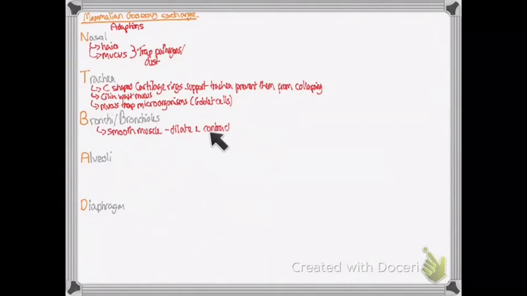So if you're doing exercise, your bronchi and bronchioles can dilate, allowing more air in, and if they're in an area of pollution where you don't want to be breathing in any pollutants, they can contract and ensure less air gets into the lungs, to protect you.